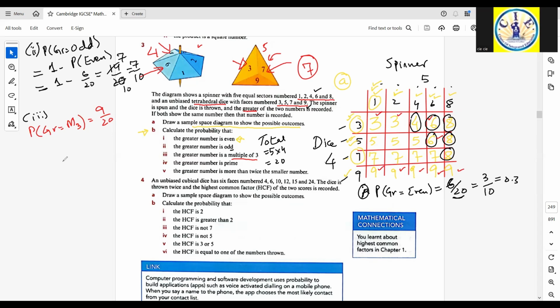Okay, now for part number 4, the greater number is prime. We need to count the prime numbers. 1, 2, 3, 4, 5, 6, 7, 8, 9.